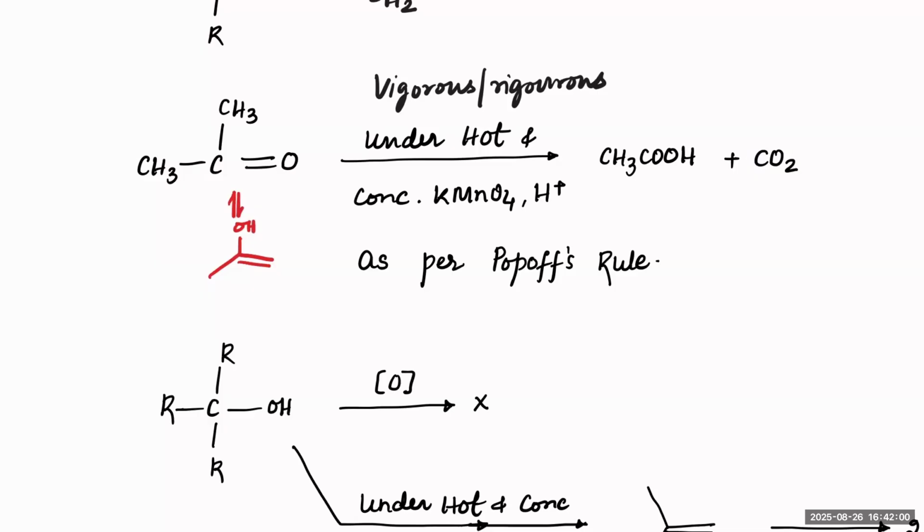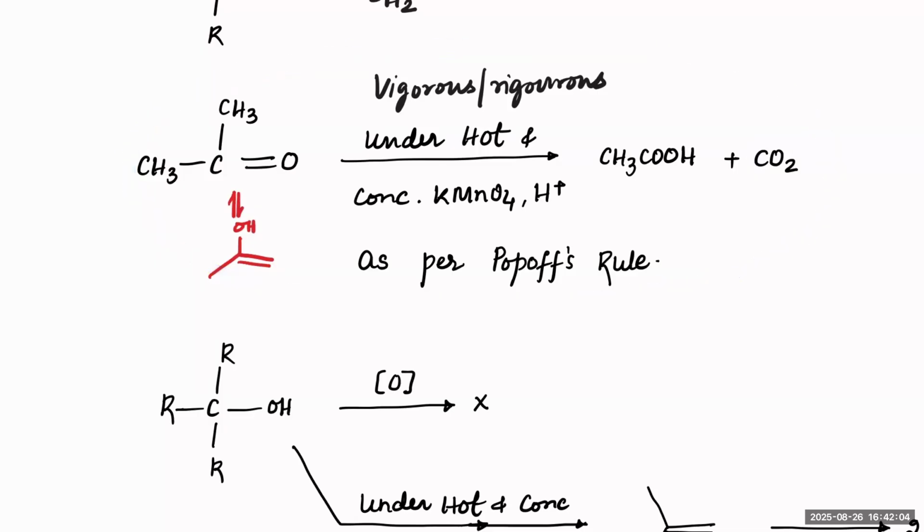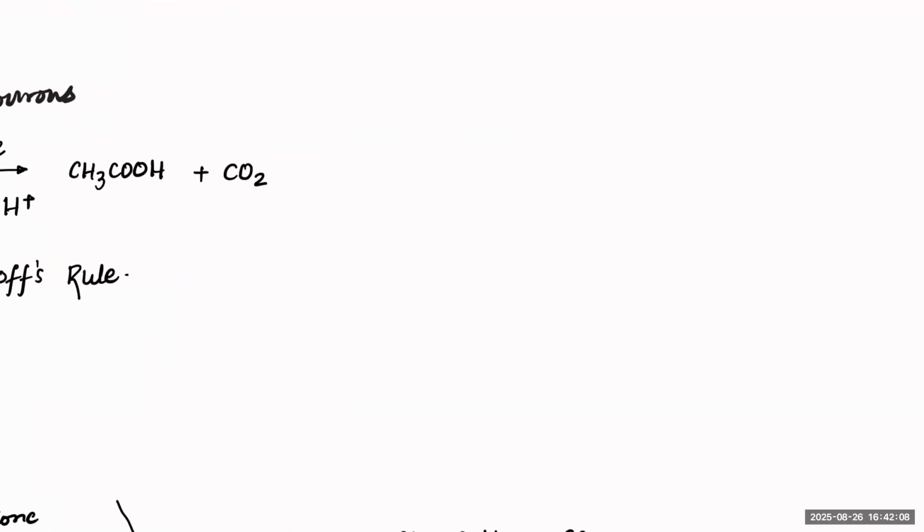Okay? So this is called rigorous oxidation using KMnO4. Now in this oxidation, suppose I had a little unsymmetrical ketone this way, and I'm using alkaline or acidic KMnO4 and strong heating.